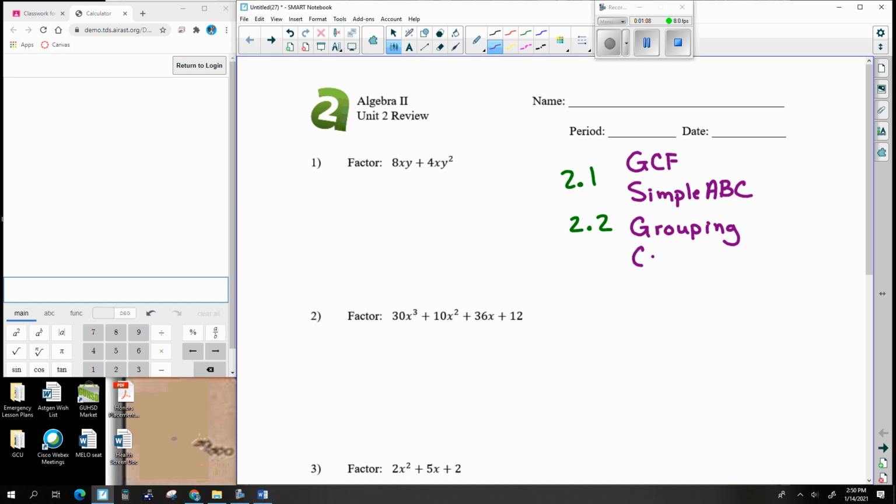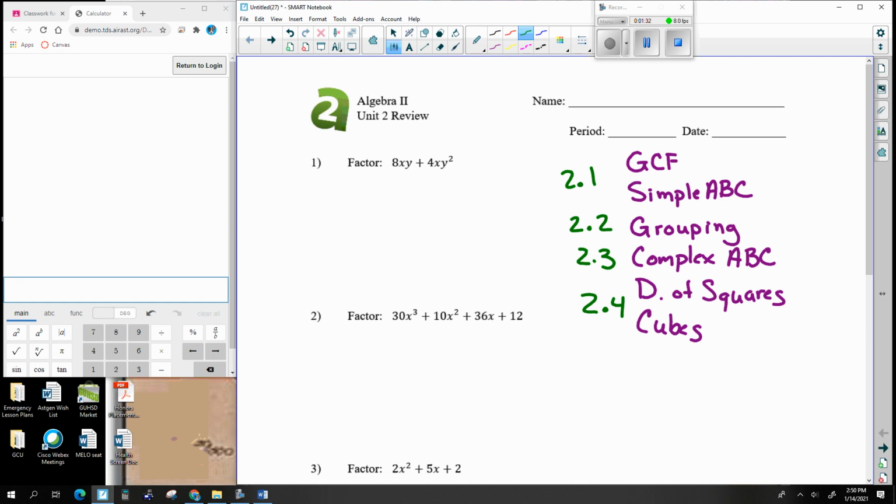Complex ABC, that is 2.3. Difference of squares and cubes, that is 2.4. And then a brief overview is on 2.5, and as well, obviously, right here with the review.